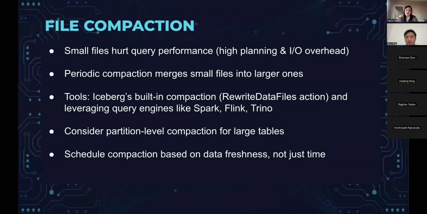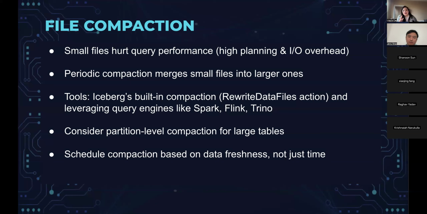If you're triggering these compaction jobs manually, or if you have some sort of automated system, this can really help to optimize your performance. Depending on which tools you're using, you might be using a specific query engine to run these jobs, but you're also probably leveraging the rewrite data files action that Iceberg has built in.